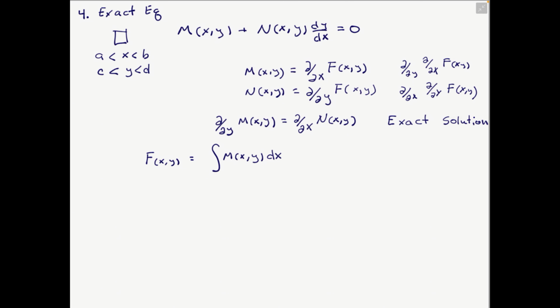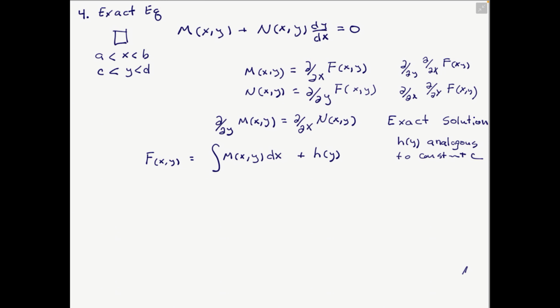And the trick is coming down to finding what that solution is. And so we say that f of x, y is equal to the integral of M of x and y dx plus some function of y.